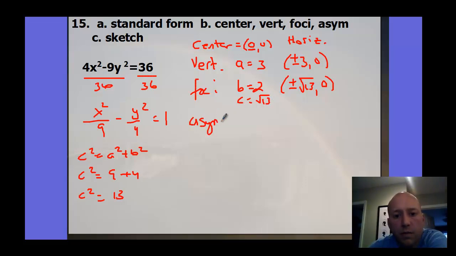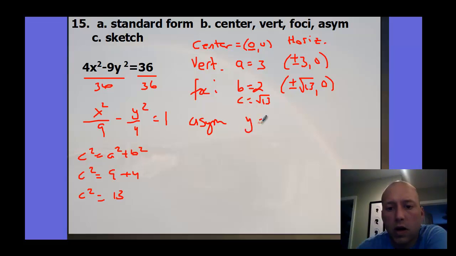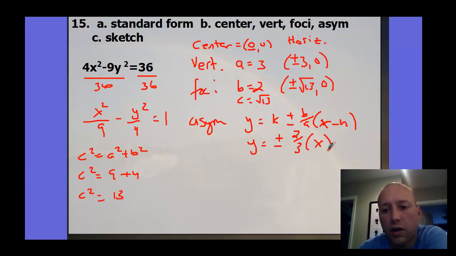And then the asymptotes, and we can use our formula sheet to help us out with this, it's y equals k plus or minus b over a times x minus h, and our k and our h are 0 here. B is 2, a is 3, so plus or minus 2/3 times x, because our h is 0.